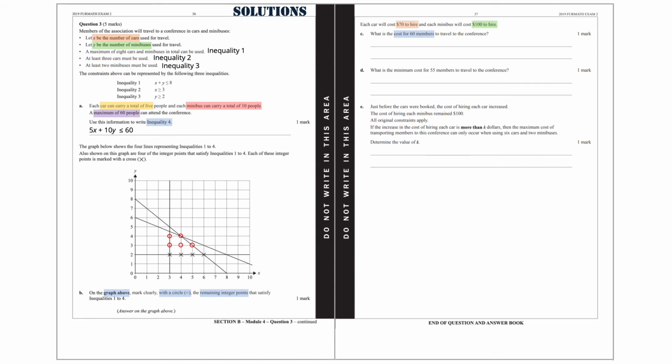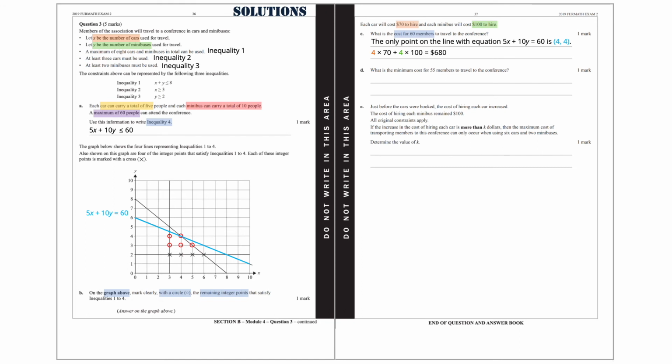Part C. What is the cost for 60 members to travel to the conference? The only point on the line with equation 5x plus 10y equals 60 is the point with coordinates 4 and 4. That is 4 times 70 plus 4 times 100 equals 680.